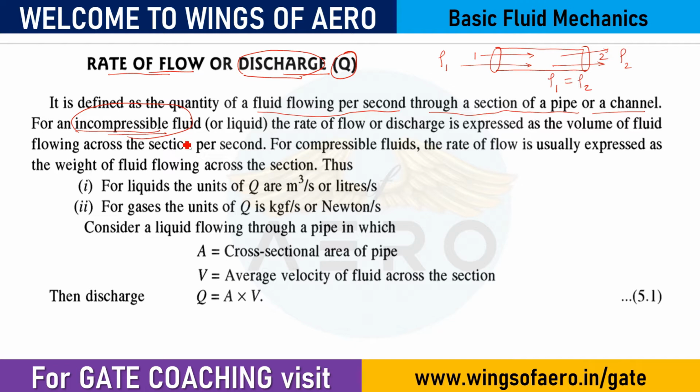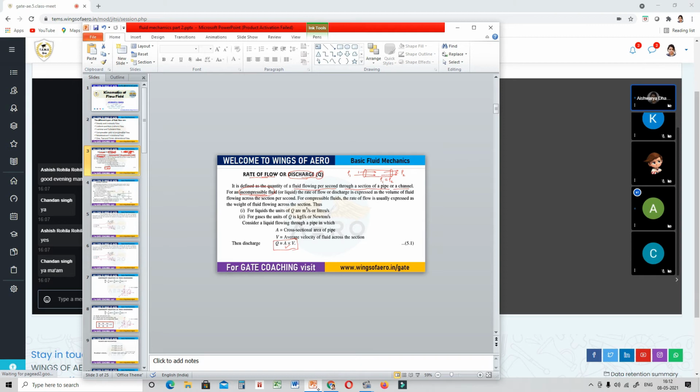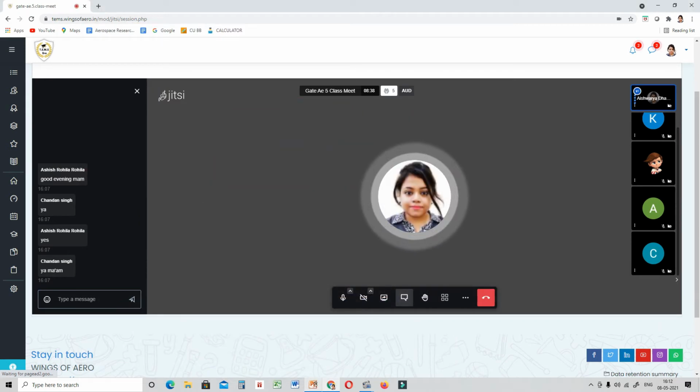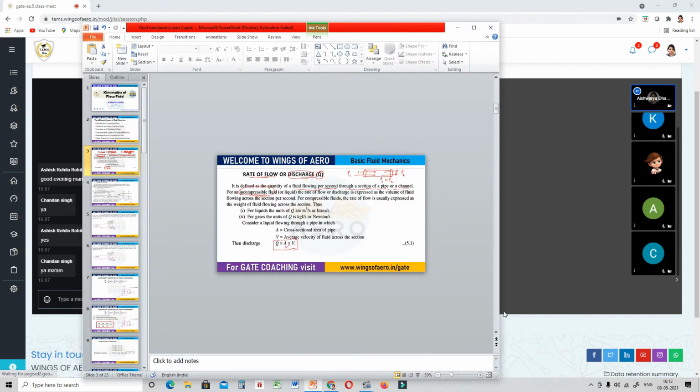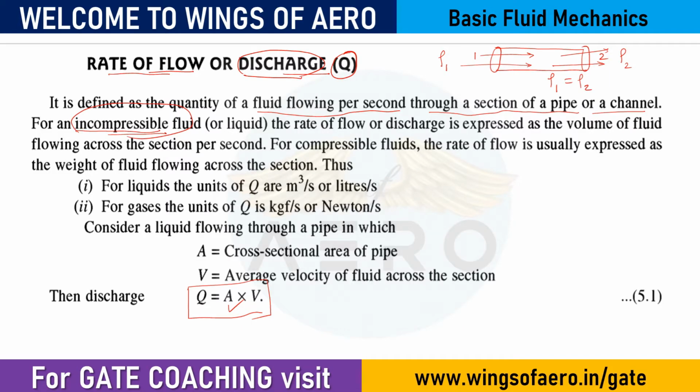So mathematically we also express it in this way: discharge equals area, the cross sectional area, into the velocity. Now if I have to see the unit for this discharge, what will be the unit? What is the unit for cross sectional area? Meter square. Can you see my PPT? It just got disconnected by mistake.